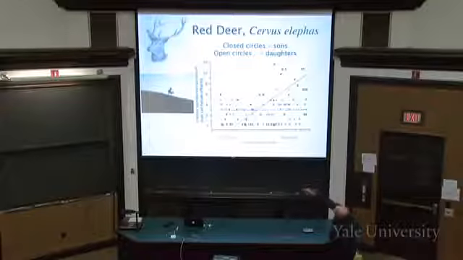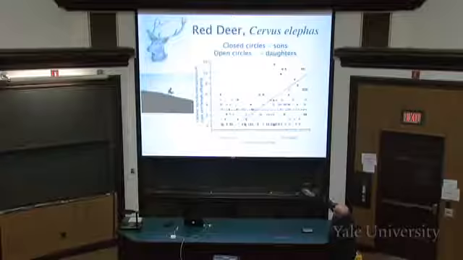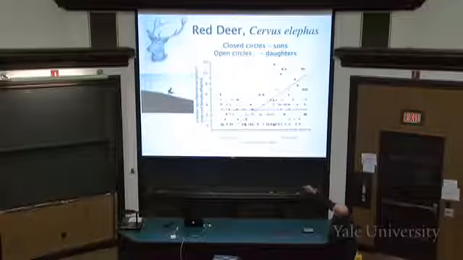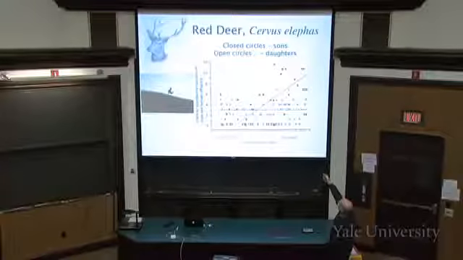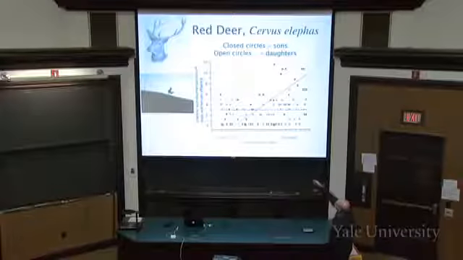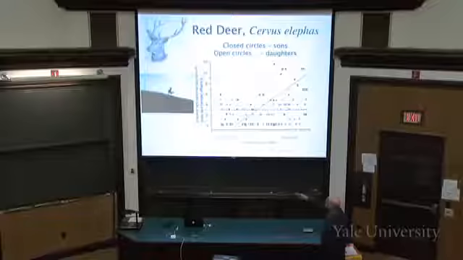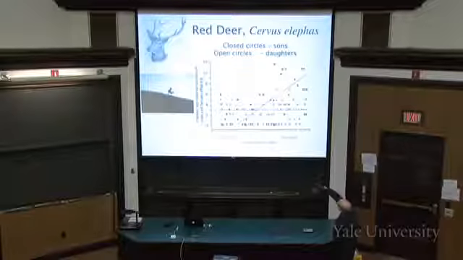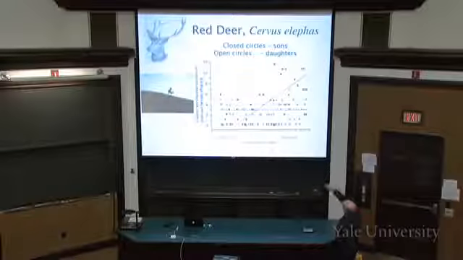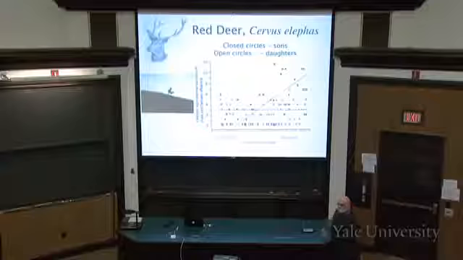Over here, on the y-axis, you've got lifetime reproductive success of male and female offspring. The closed circles are the sons, and the open circles are the daughters. And this is the social rank of the mother down here. This is subordinate and dominant. And this straight line here is drawn just for the black dots, for the sons.